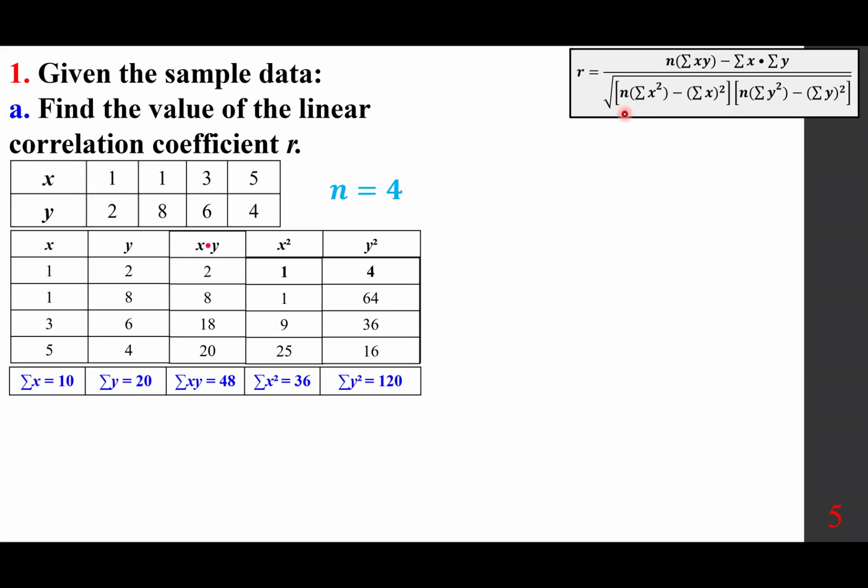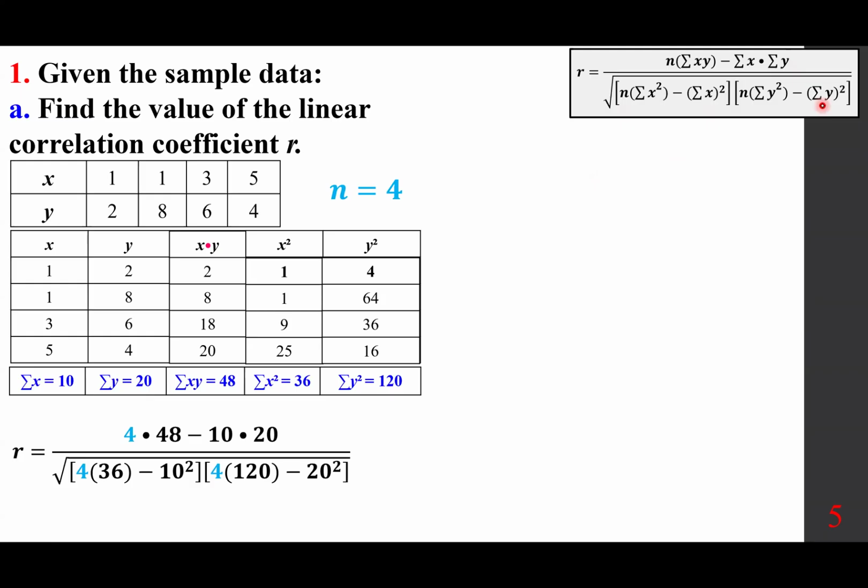Summation of x squared goes there, 36, minus summation of x, which is 10, quantity squared. Then n is again 4. Summation of y squared is 120 minus summation of y, 20, squared. So you just plug in. Again, you have this in your formulation. We end up with the following, and here's the answer.